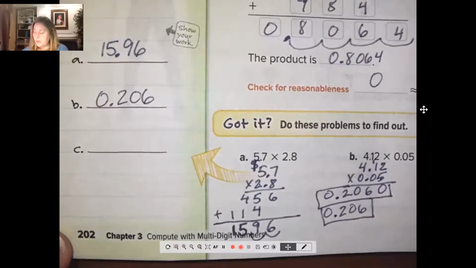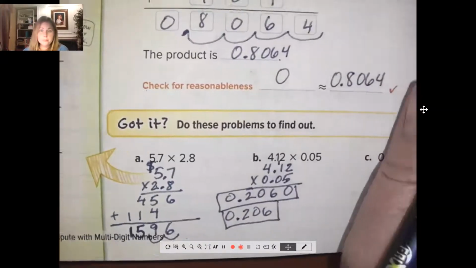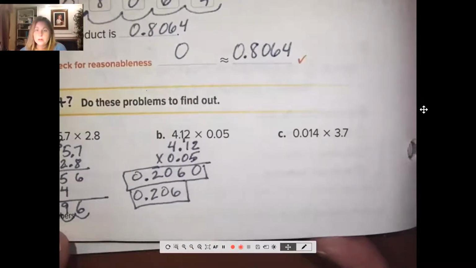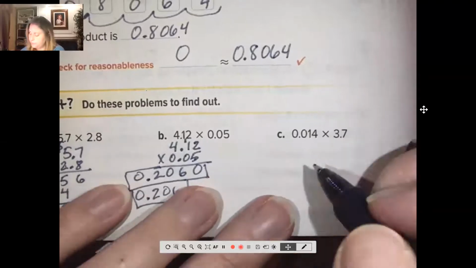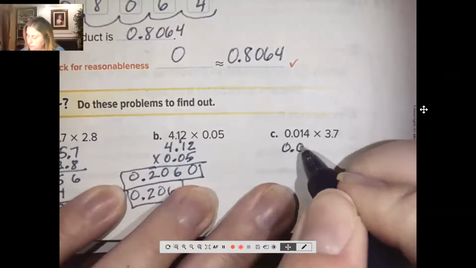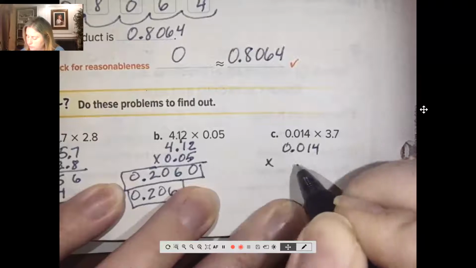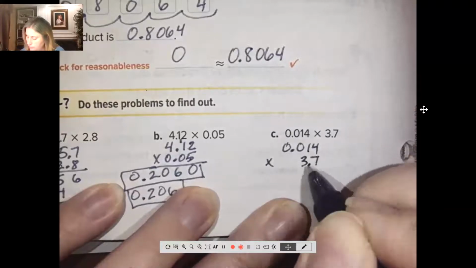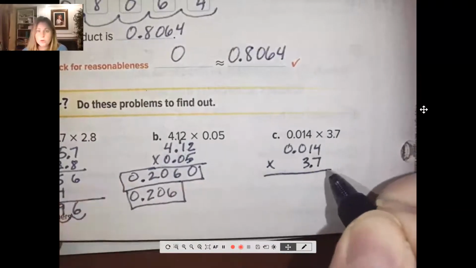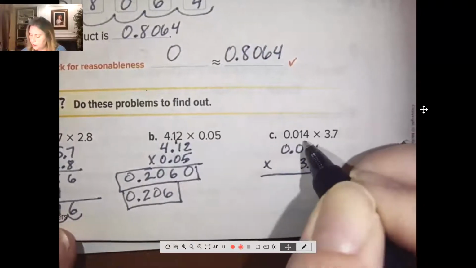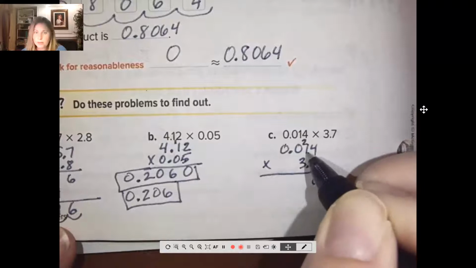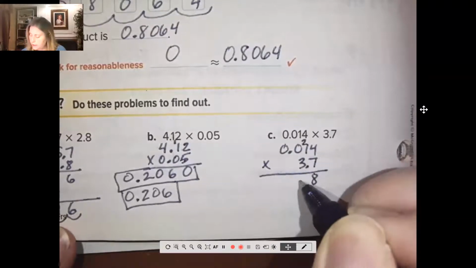Okay, and let's look at got it C. 0.014 times 3.7. Okay, 7 times 4 is 28. We write the 8, we carry the 2. 7 times 1 is 7, plus the 2 we carried is 9.